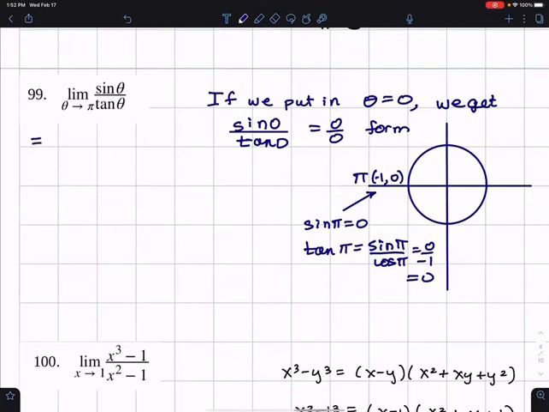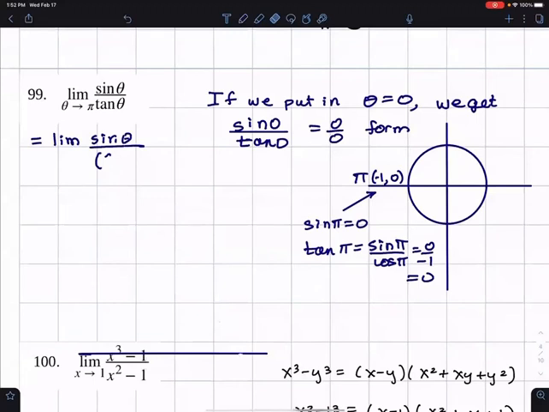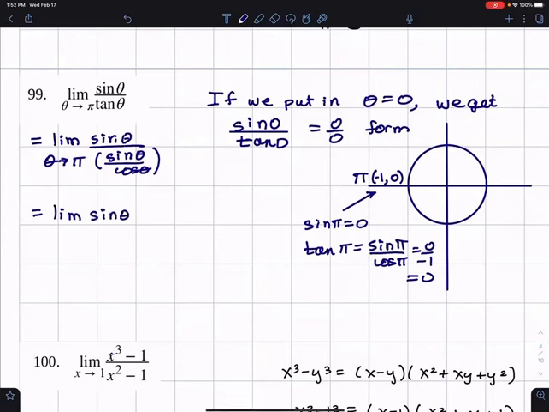So what I do is I express tangent theta as sine theta divided by cosine theta, and then I simplify, and we'll see that there is cancellation. So to simplify, I multiply by the reciprocal of the denominator, and that's cosine theta divided by sine theta.